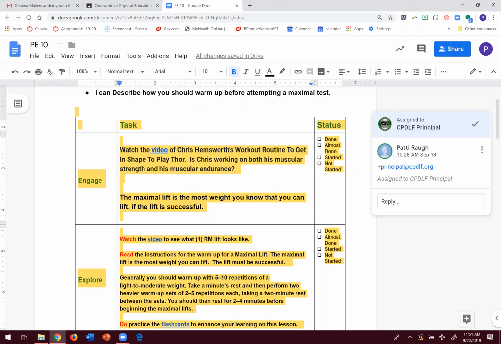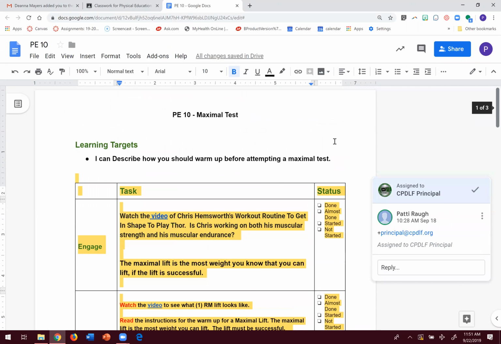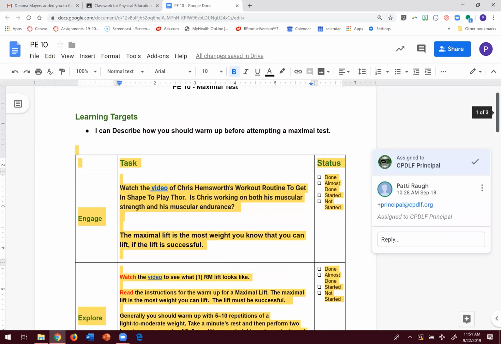And so I want to start up top. For this week, we are going to talk about the maximal test. More times than not, many have missed the answer on their essay for this assignment, so that's why I chose it.